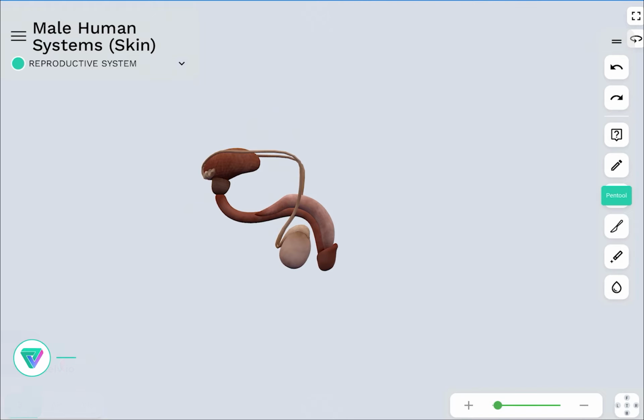Now let's talk about the accessory glands that are present in the male reproductive system.